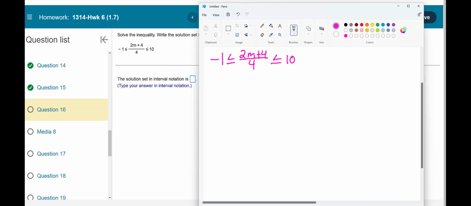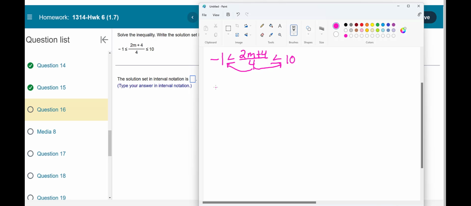But how you first solve this equation is you want to try to get everything, because we're solving for m, so we want to try to get everything away from that m. To do that, we're going to multiply this side and this side by 4.